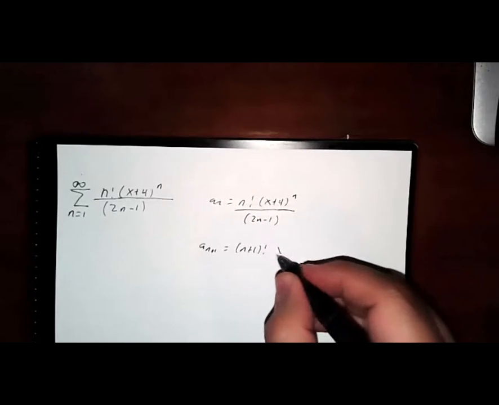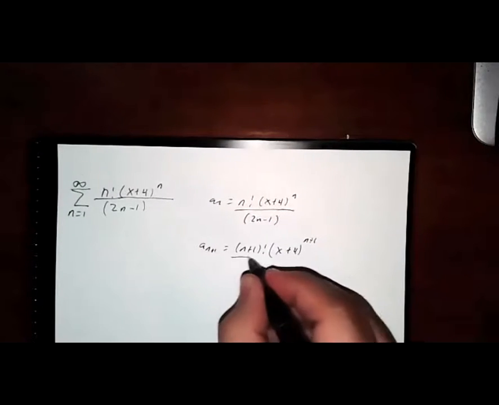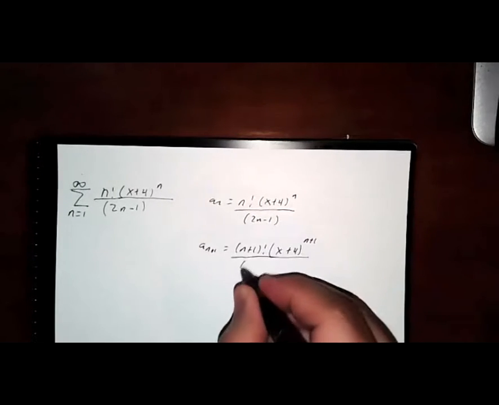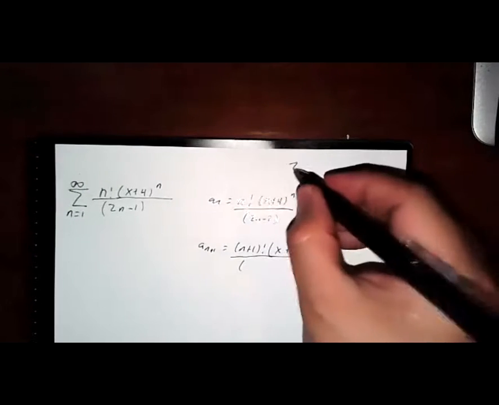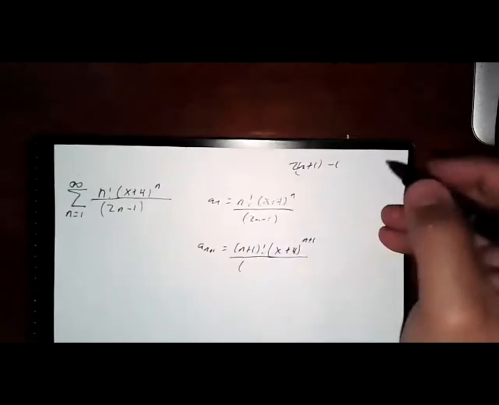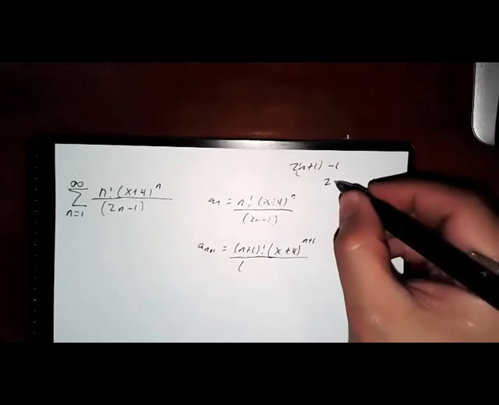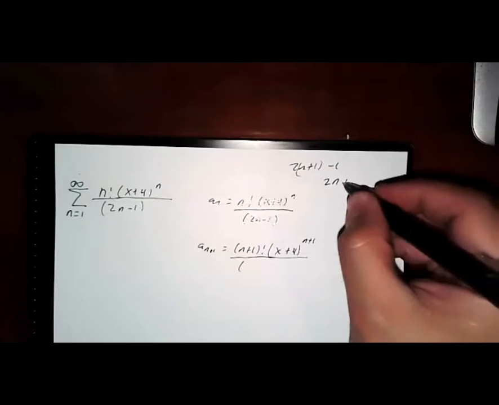A sub n plus 1 will be this guy. And if I do 2n plus 1 minus 1, that would turn into 2n plus 1.